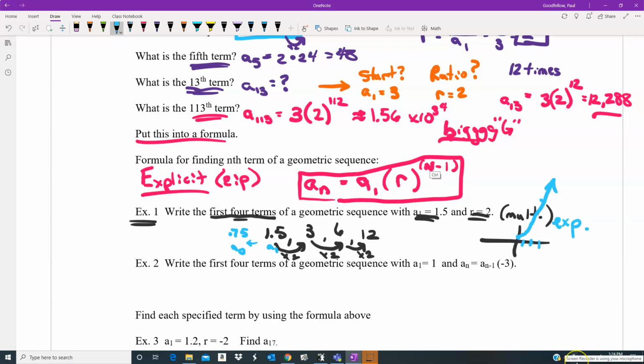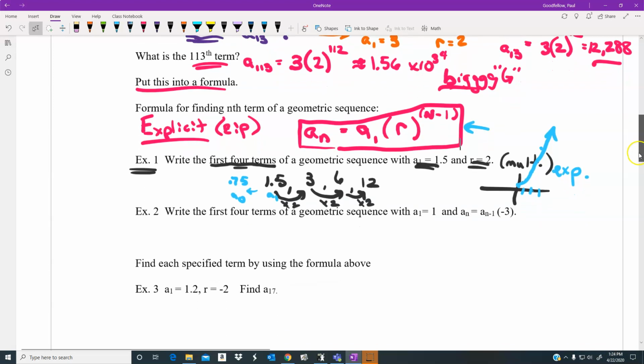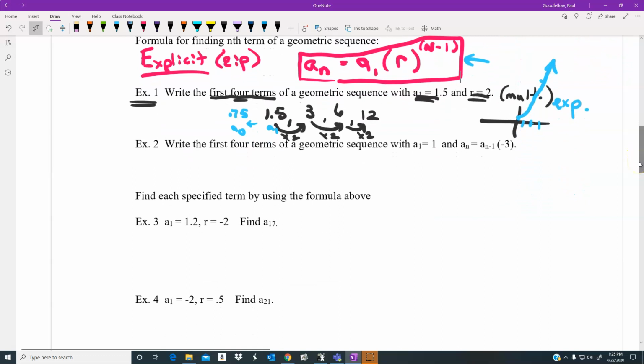And that's why the equation itself is an exponential function as well. So when we say geometric sequence, we're really focusing on numbers that are based on an exponential either growth, or sometimes they can be even exponential decay.